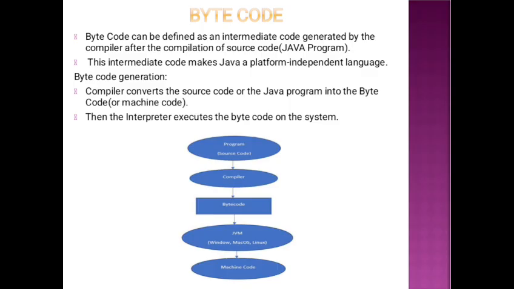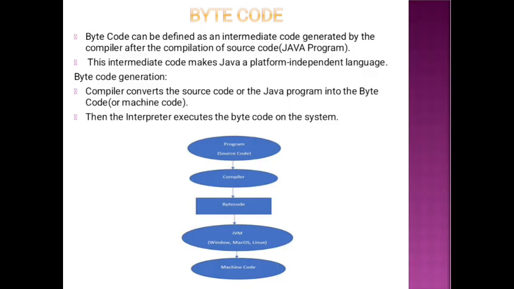What is the responsibility of the class loader? It loads our main class into the JVM, which is needed during runtime or execution. The task of the JVM is to execute the Java program line by line, which is possible internally with the help of the Java interpreter. The interpreter executes the bytecode line by line.